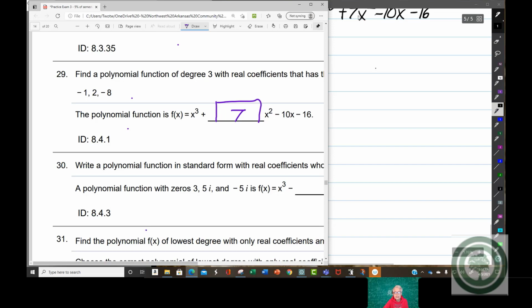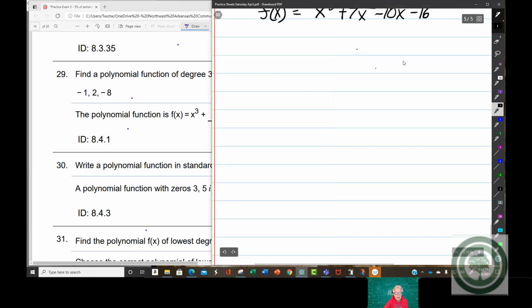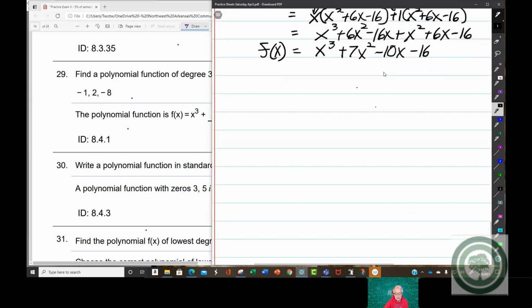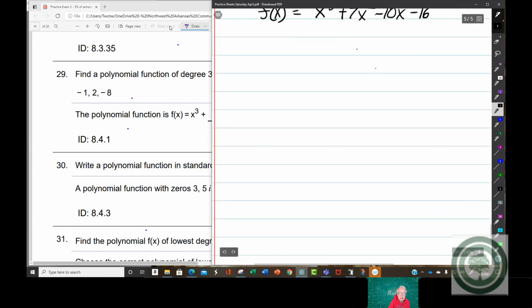Okay, we're going to do the same thing in number 30. Now this was 29. Number 30. This time the zeros are 3, 5i, and its conjugate negative 5i.